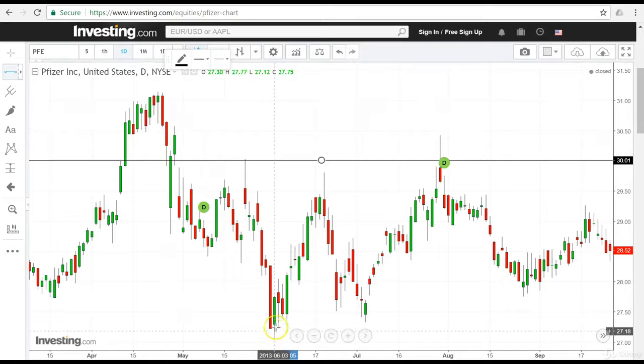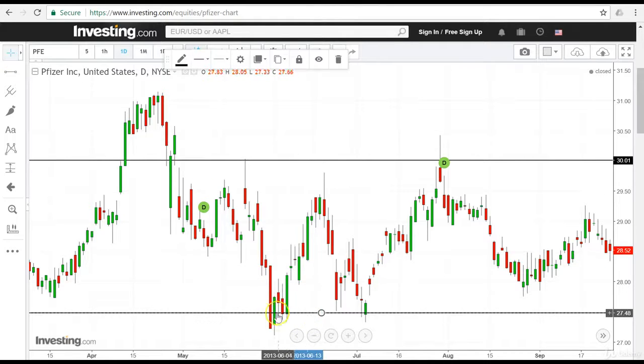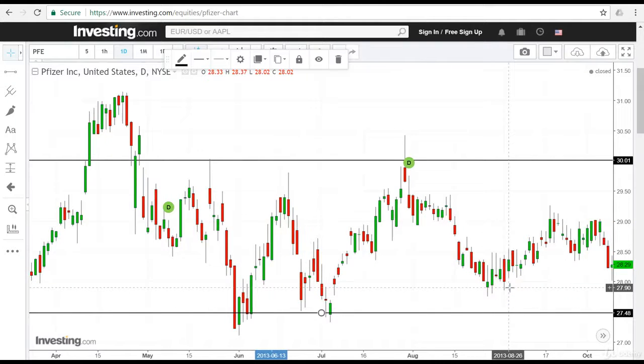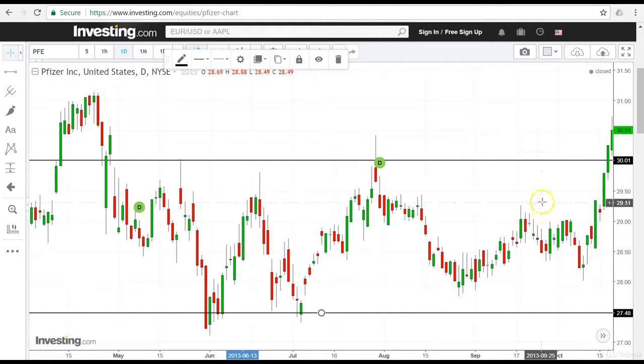We can also draw a support line here. Since we see that buyers came in, prices were going towards the support, buyers came in, pushed the prices upwards to our resistance, and the resistance was broken.